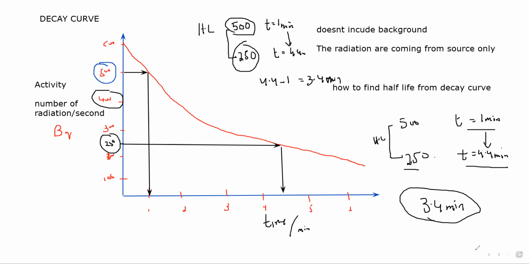This is a question in which the decay curve does not include a background. There is no background radiation; surrounding radiations are not there. This is specifically radiation from the source.